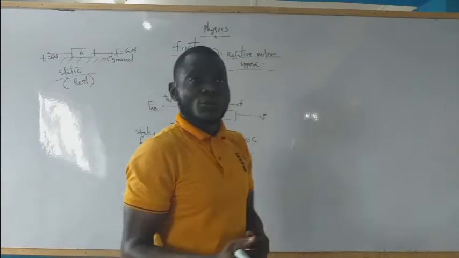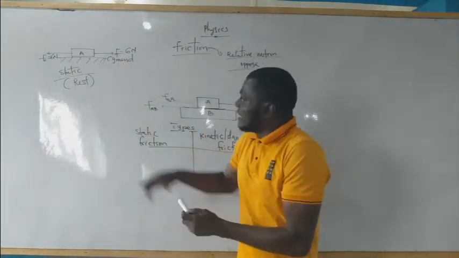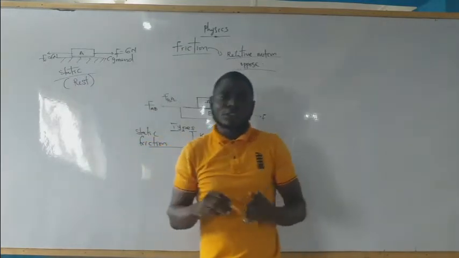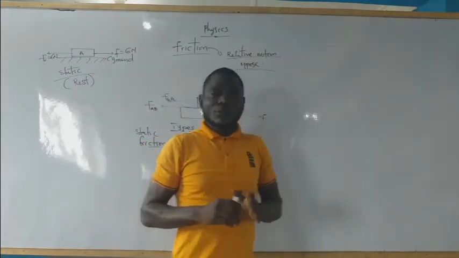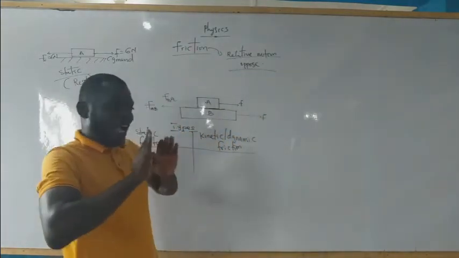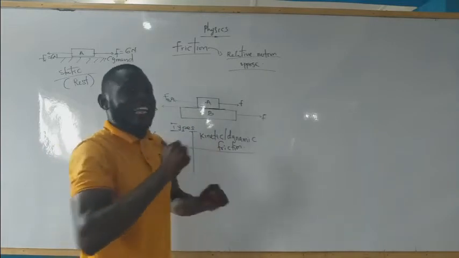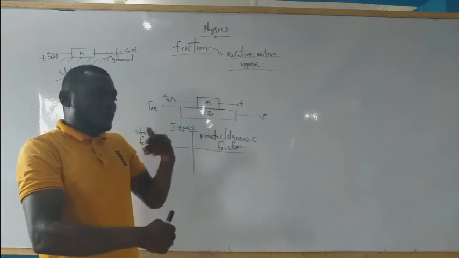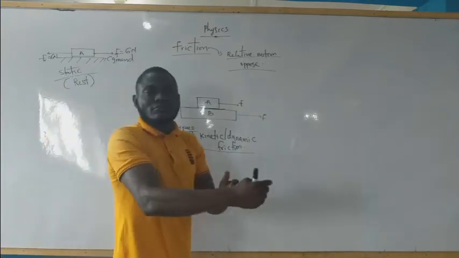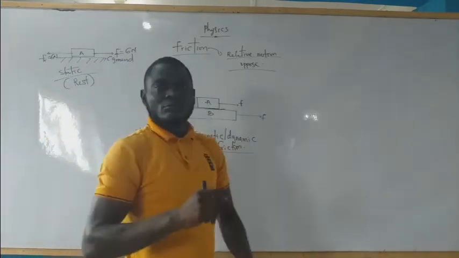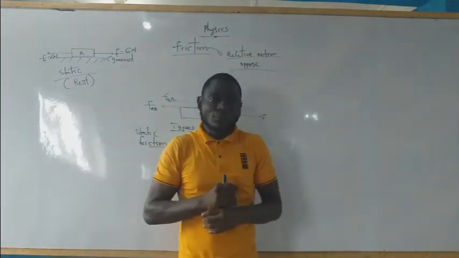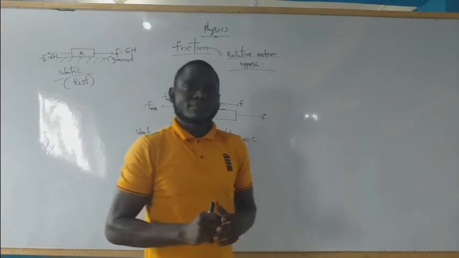When the body is not moving, or when the force applied balances the frictional force, then it's static. If you're pushing a car and the car is not moving, then the force that you are applying is less than or equal to the frictional force of the body.